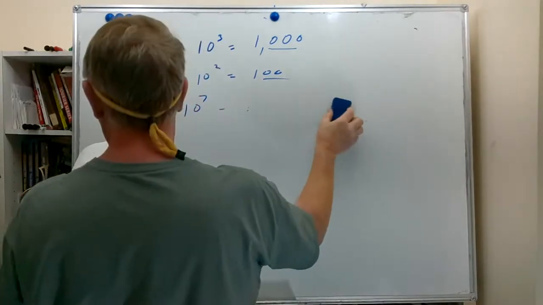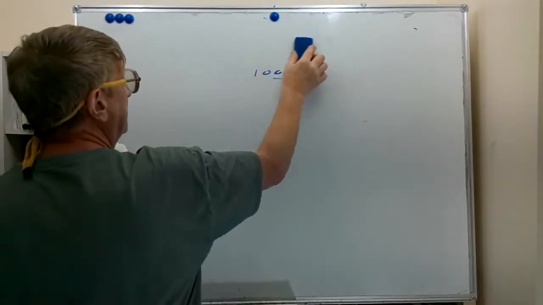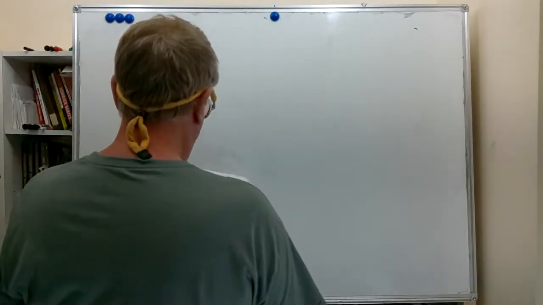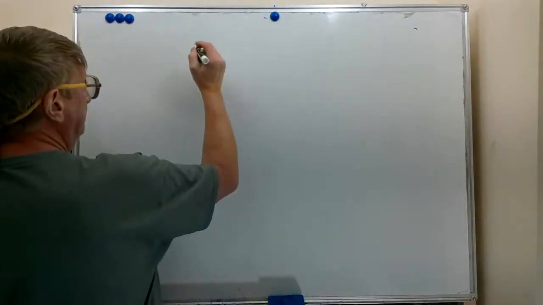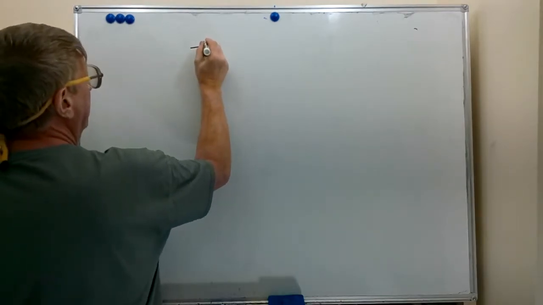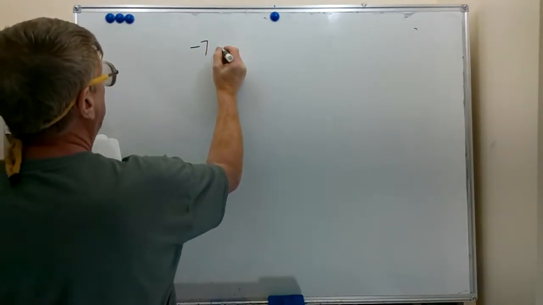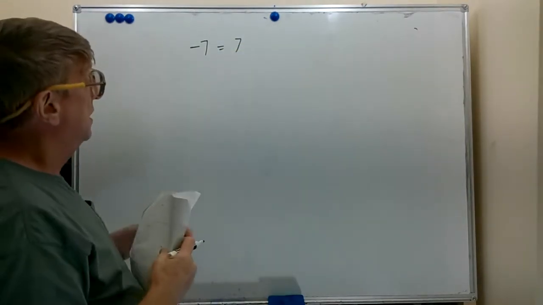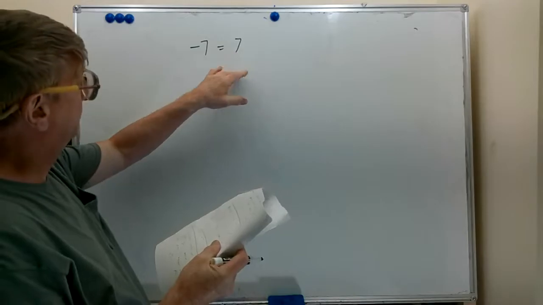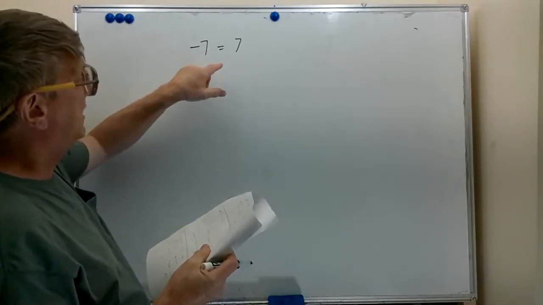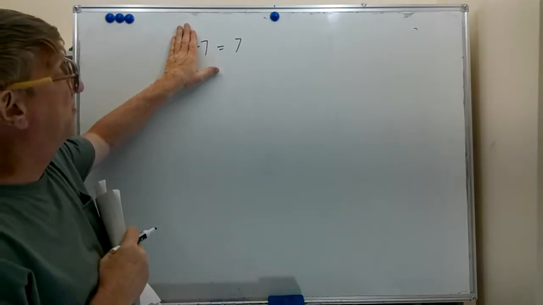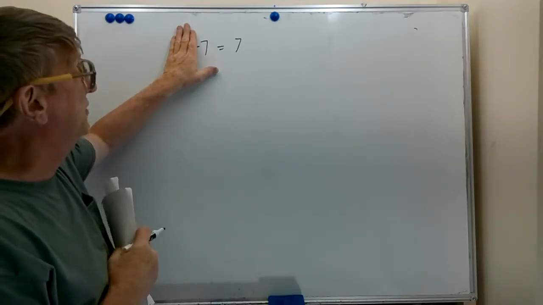Now we should do a quick talk about absolute value because we're going to be utilizing that here in a few. Absolute value, -7. The absolute value of -7 is 7. Basically, the absolute value is the value of the number with a positive sign, which we sometimes call the magnitude of the number.